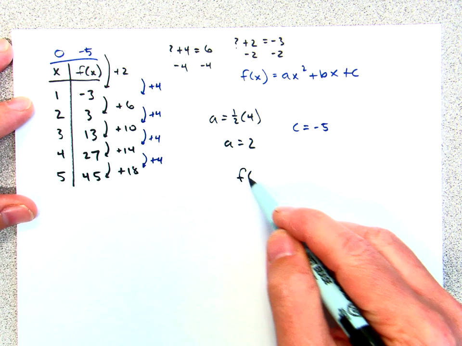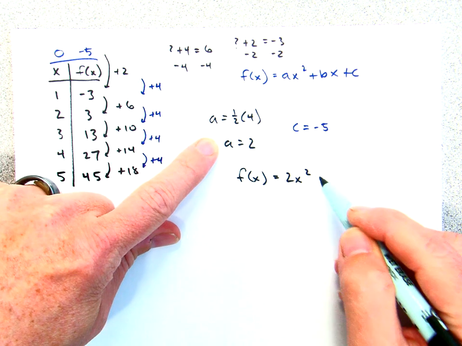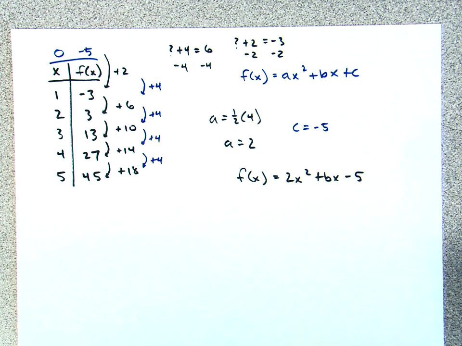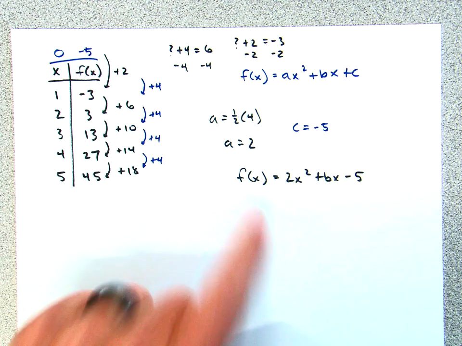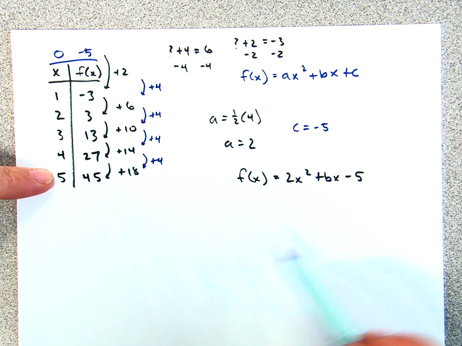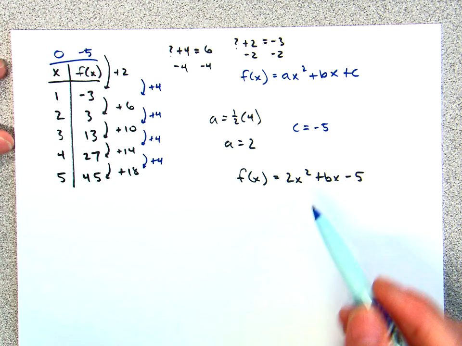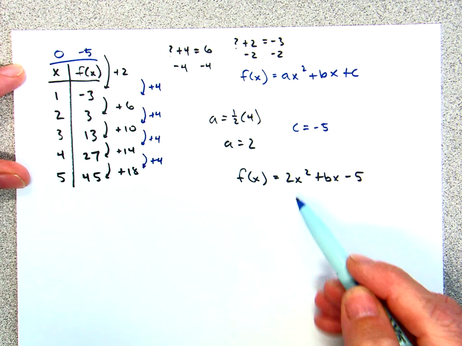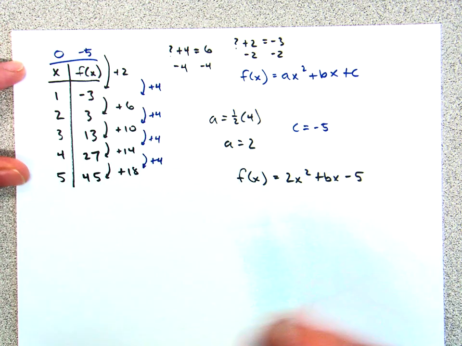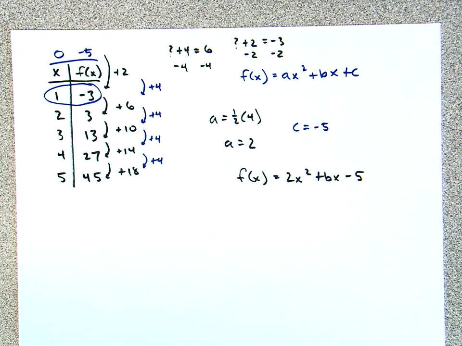So I know that f of x is going to be equal to 2x squared plus bx minus 5. I'm going to pick whichever x and f of x value I want. Now, if I want to pick 5 and 45, go for it. Plug it in. It's going to be bigger numbers. It's going to be more work. X's being 1 makes it easy to square. It keeps b just a 1b. So I'm going to keep picking this guy because it's going to make my life easy.